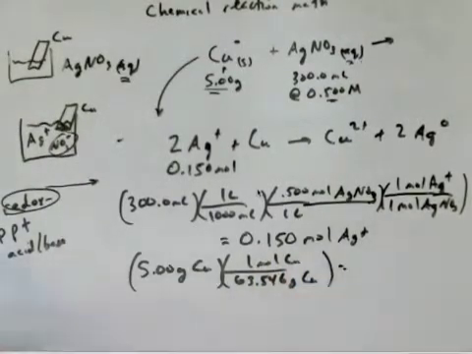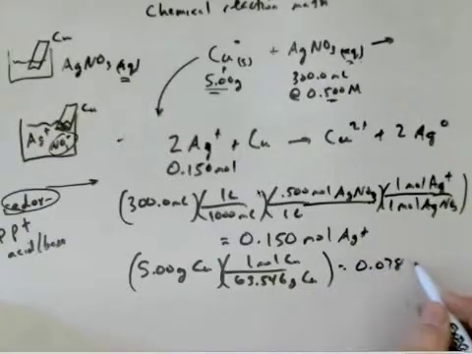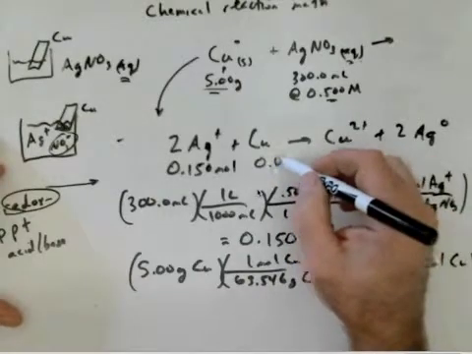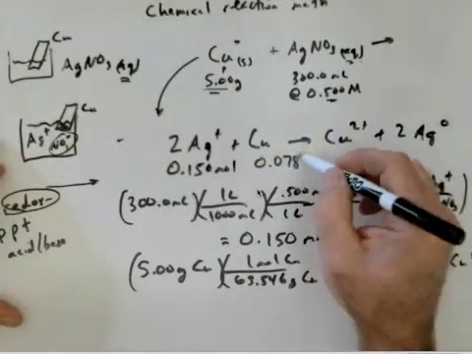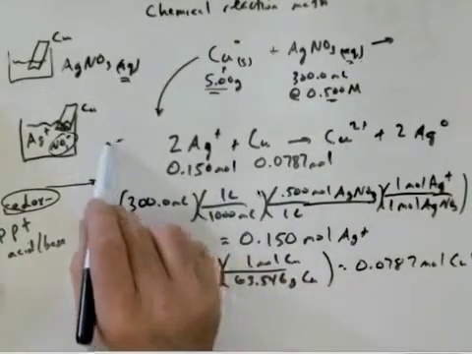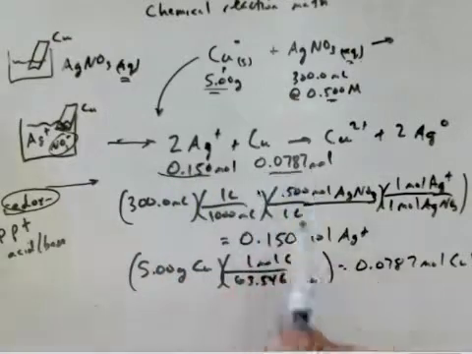And if I do that math, 5 divided by 63.546, you get 0.078, let's see, 3 sig figs, that'd be 7 moles of copper when you start. That's the number that goes right here, 0.0787 moles.